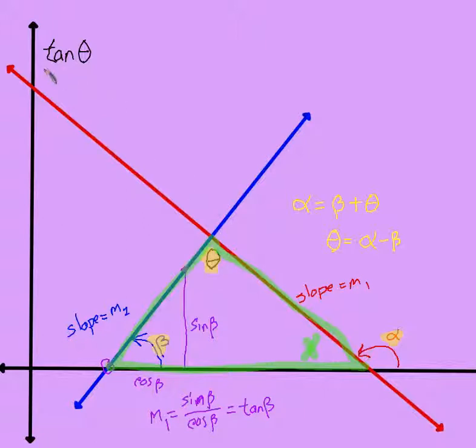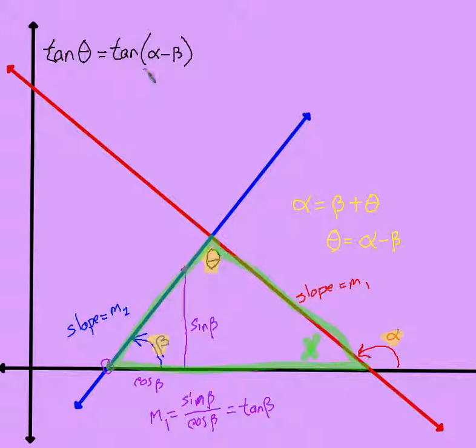But when we look for the tangent of theta, it turns out that that gives us an interesting way to find what theta is. Now, theta is alpha minus beta, so the tangent of theta would be the same thing as the tangent of alpha minus beta. Again, not quite clear why we're looking for this, but just follow along.